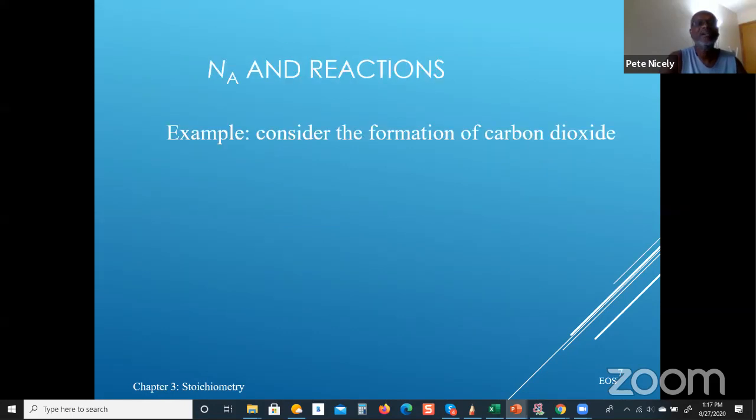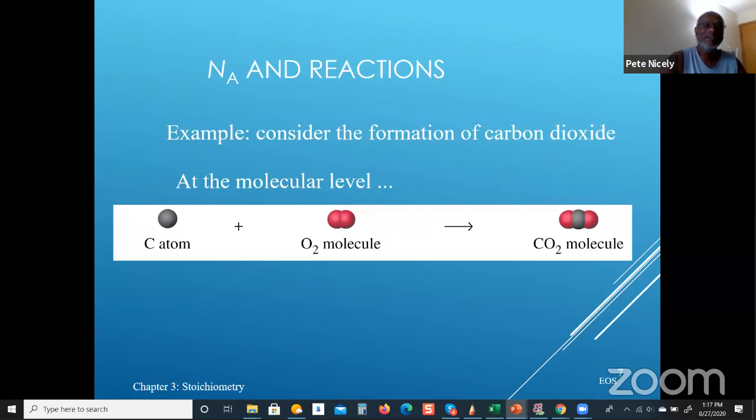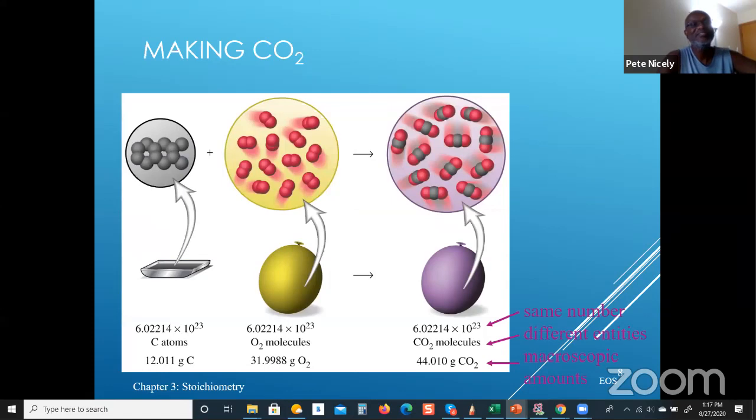Okay, so if you look at this reaction here between carbon and oxygen to form carbon dioxide, then basically at the molecular level, we can say that one carbon atom will react with one oxygen molecule to form one molecule of carbon dioxide. So that's true at the molecular level, and we can extend it to the level of moles, right?